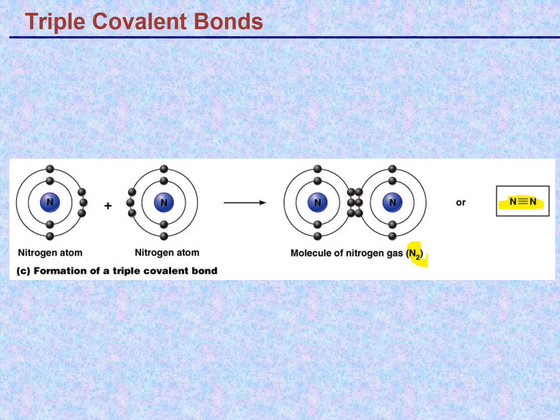A single nitrogen atom has 5 electrons in its outermost valence shell, and when you put 2 of these together and they share 6, 6 plus 2 is 8. So these 6 and these 2 make 8, and these 6 again in the middle and these 2 make 8. So that's a stable molecule of nitrogen that's covalently triple bonded. It happens to be a gas.